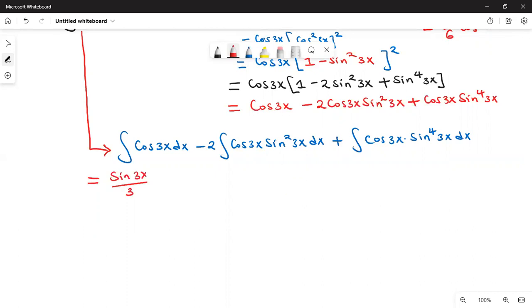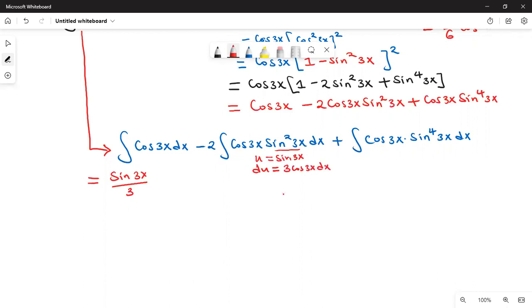Use u substitution. Here you let u be equal to sine 3x. So we need to find du dx. So when I differentiate that, I'm going to get du to be equal to 3 cos 3x dx.